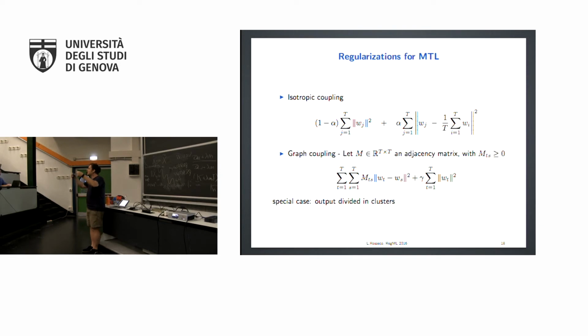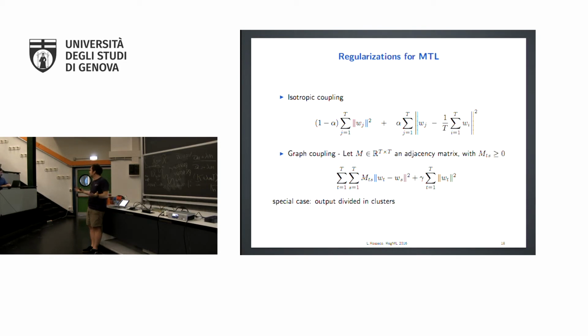So if two tasks are very close in the graph, or they have a strong connection, this is a weighted graph, okay? So M is an adjacency matrix with the weights. If you have big weights, it means that these two tasks are really, really similar. If you instead have that they're very far away on the graph, or they're not connected, then you don't ask them to be similar. Make sense?